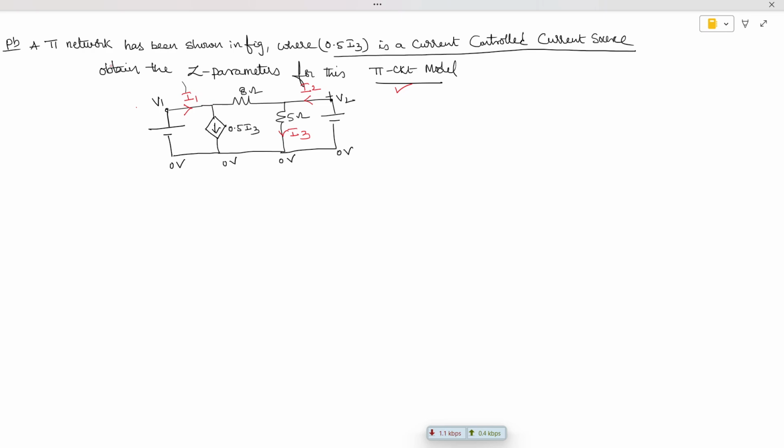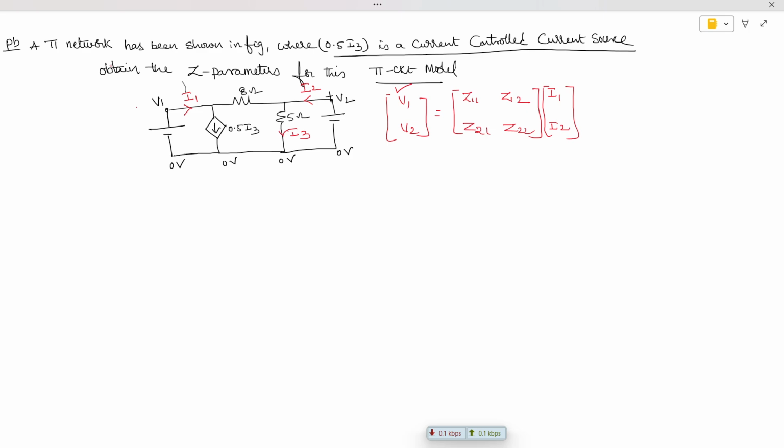Let's try to write down the basic equations. The basic fundamental equations are [V1; V2] equal to the matrix [Z11 Z12; Z21 Z22] multiplied with [I1; I2].